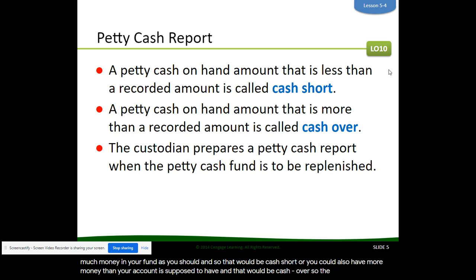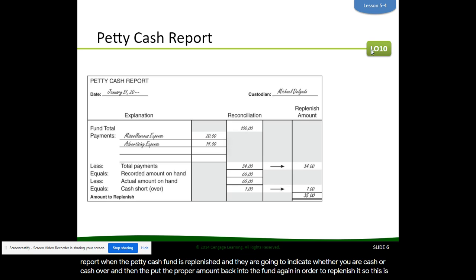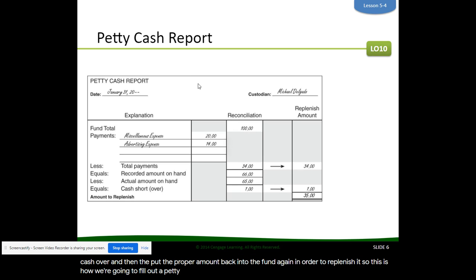So the custodian is the person who's in charge of the petty cash fund, and the custodian is going to prepare the petty cash report when the petty cash fund is replenished, and they are going to indicate whether you are cash short or cash over, and then put the proper amount back into the fund again in order to replenish it.